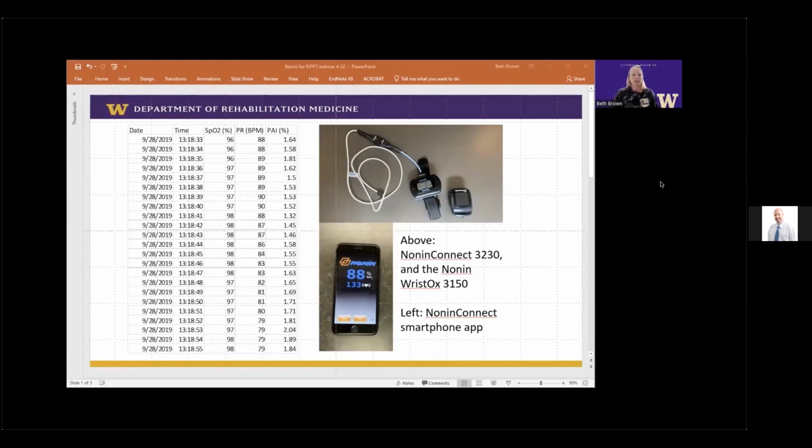So what does the sensor record? We are recording an estimated measure of arterial blood oxygen saturation, which I will refer to generally as just SpO2, which is the percentage of hemoglobin binding sites occupied by oxygen.